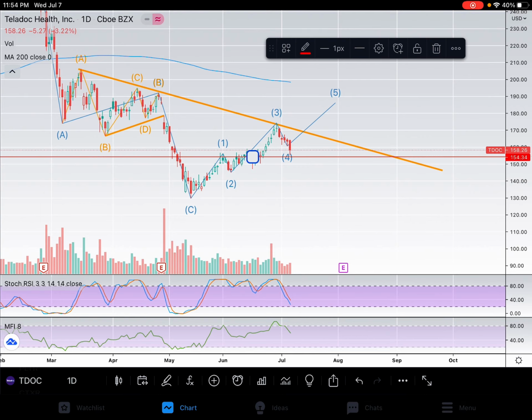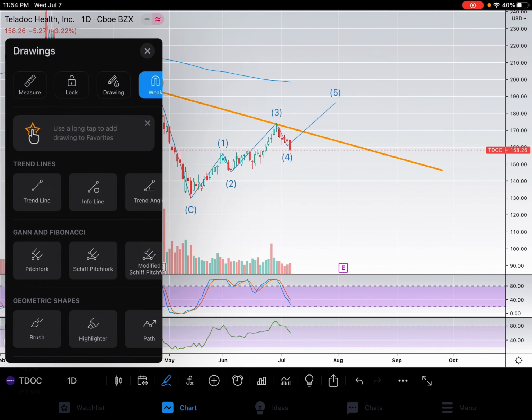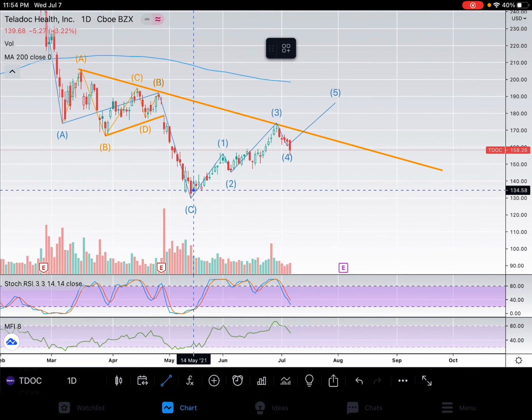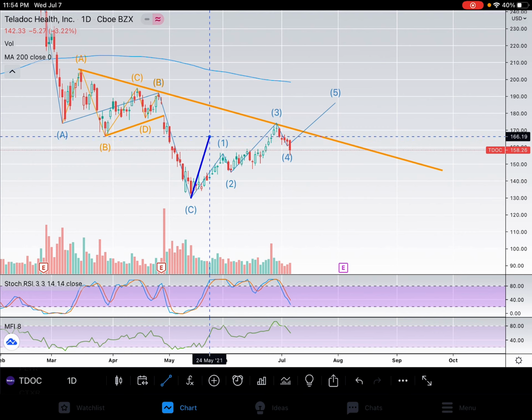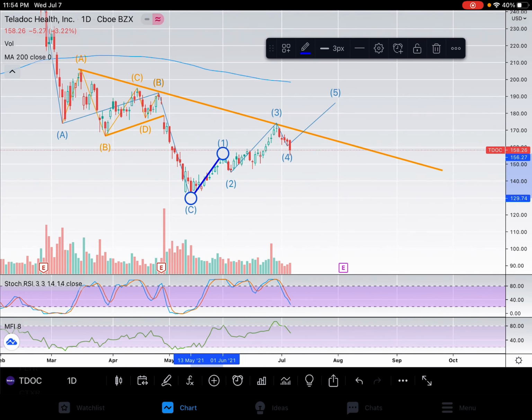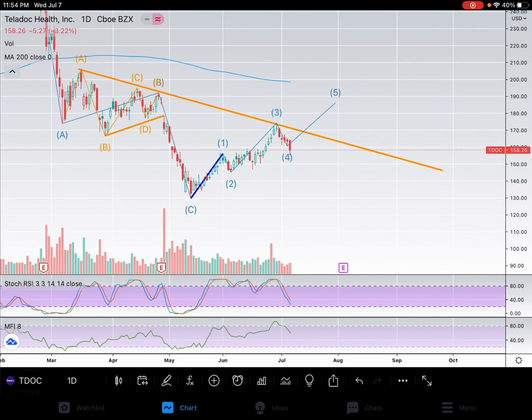How do I delete this? Okay. Delete. Trend line. Let's see. If I had to guess what wave 5 is, usually the length of wave 1, placed at the wave 4 low.